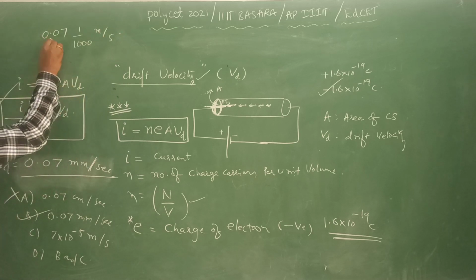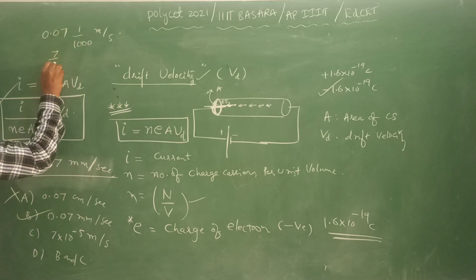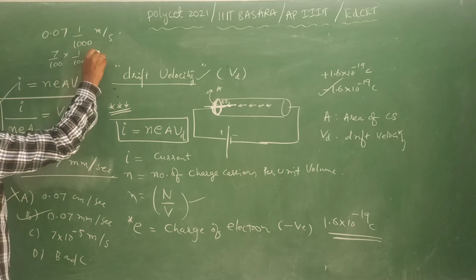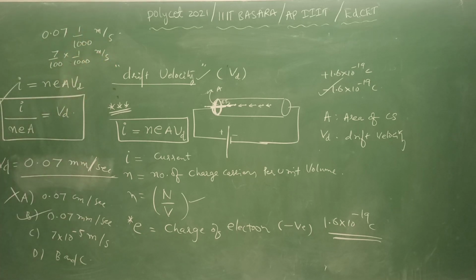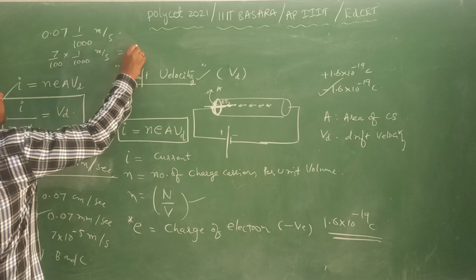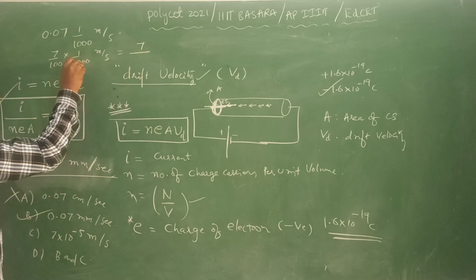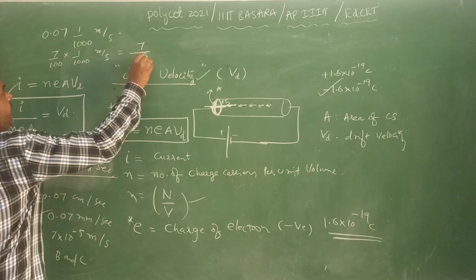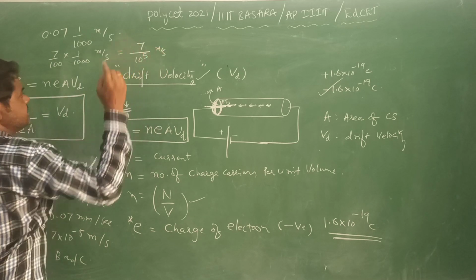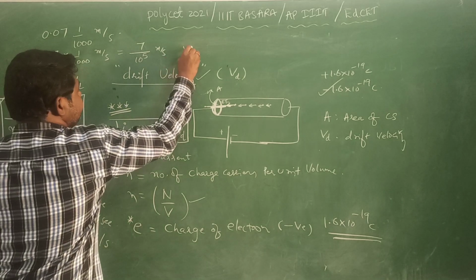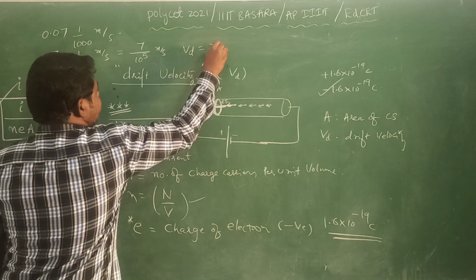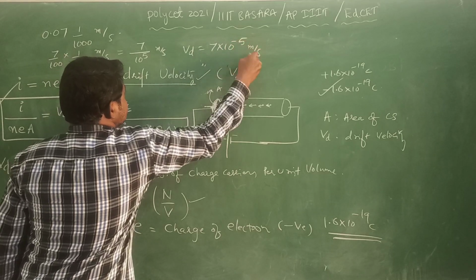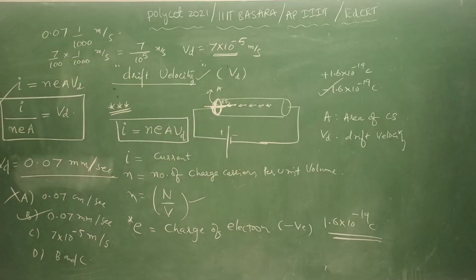We can write 0.07 as 7 by 100, into 1 by 1000 meter per second. So finally the answer: 7 into 10 power minus 5 meter per second. So drift velocity is 7 into 10 power minus 5 meter per second. This is also correct.